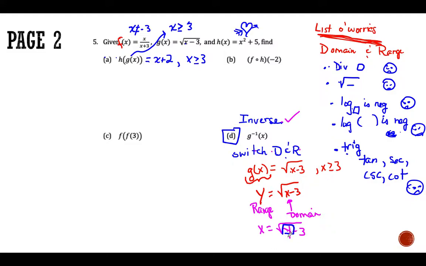I want to get y by itself. Well, I have to get rid of the grouping first, so what do I have to do? Square the square root. There's no multiplication or division to get rid of. Get rid of addition and subtraction.